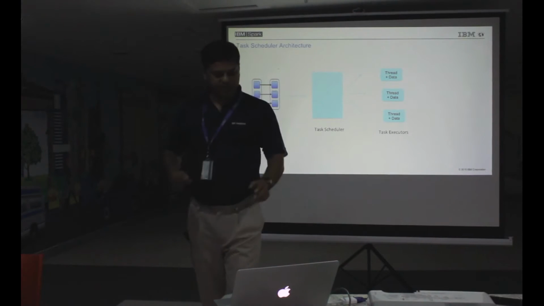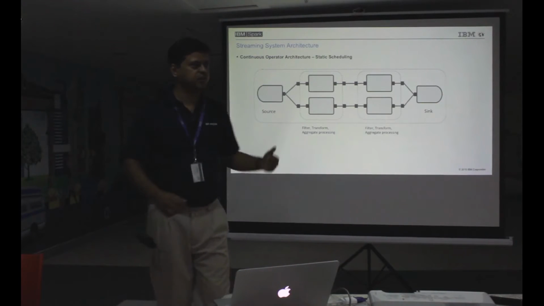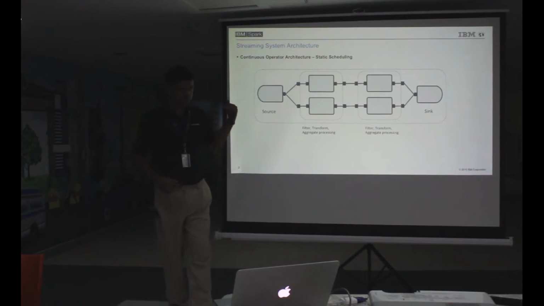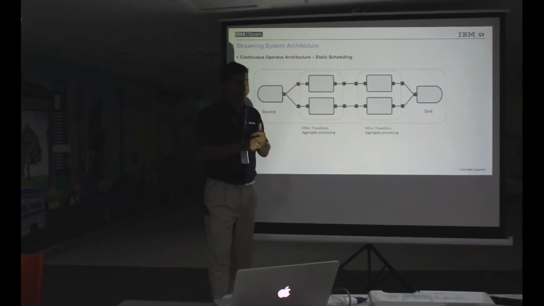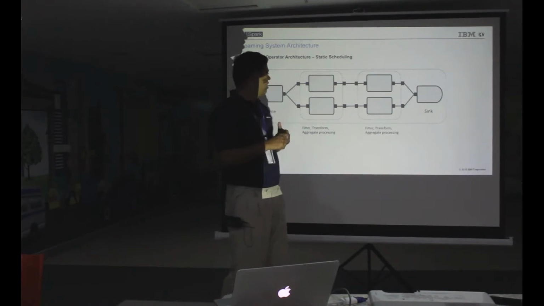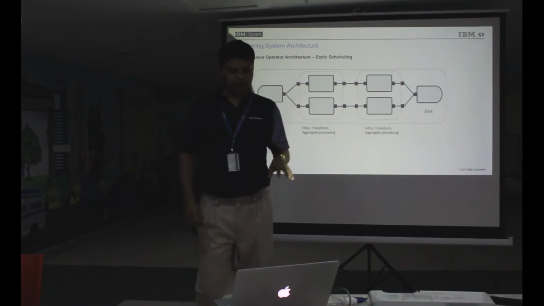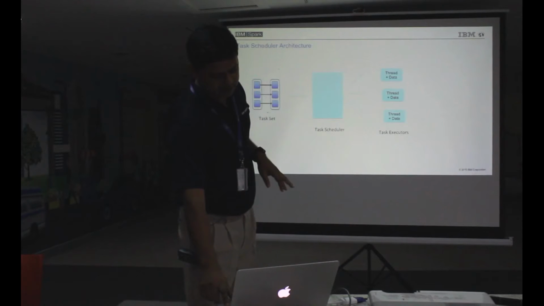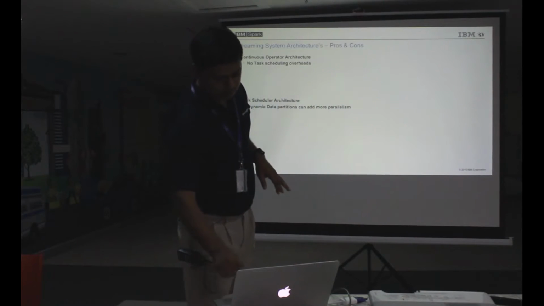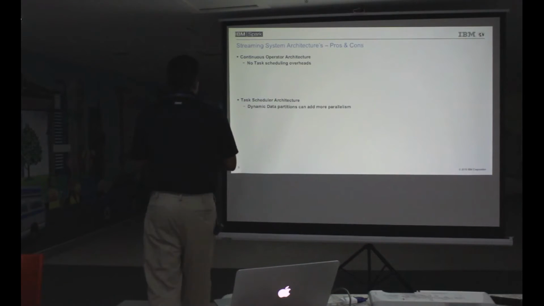Whereas if you look at the previous one, most of the systems that we are comparing to, like Storm, Flink, and Trident, are all continuous operators. Spark Streaming is the only one where it's a task scheduler. So what are the pros and cons?